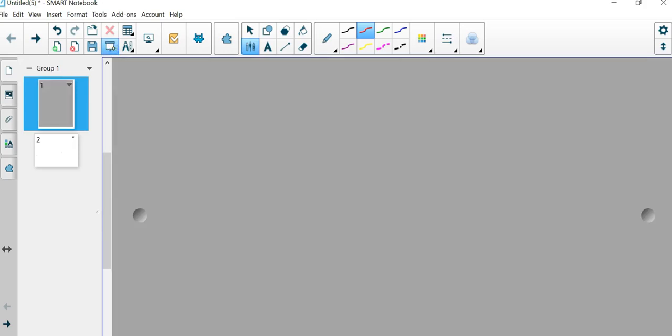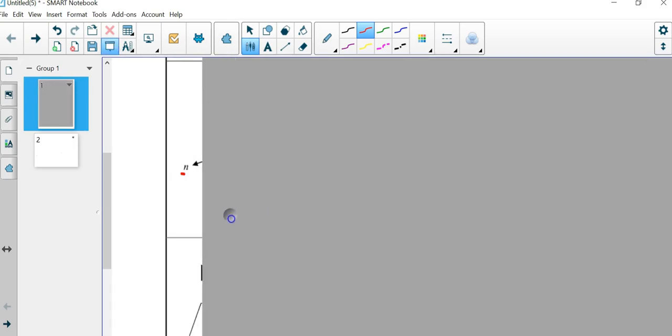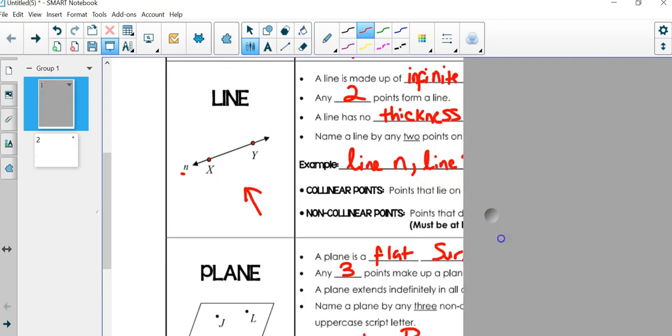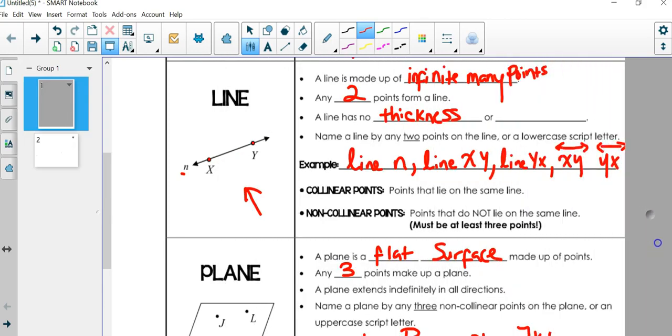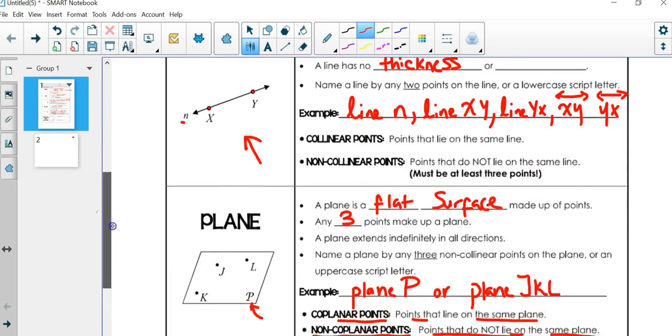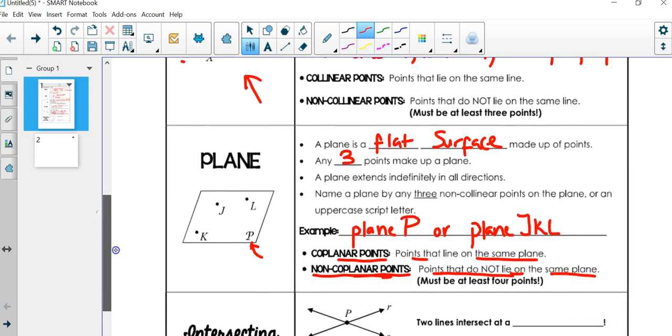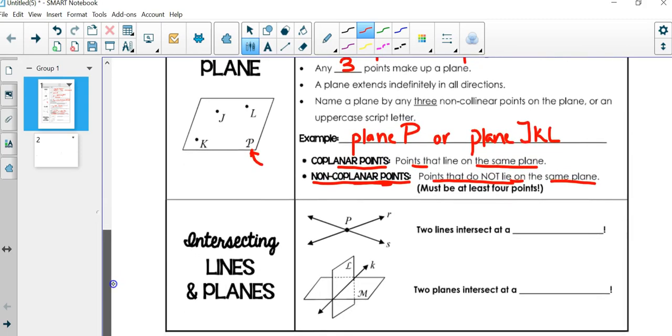We've also discussed that a plane is a what? Flat surface, good. And any 3 points make up a plane, good. And we can name a plane with any 3 points on the plane.